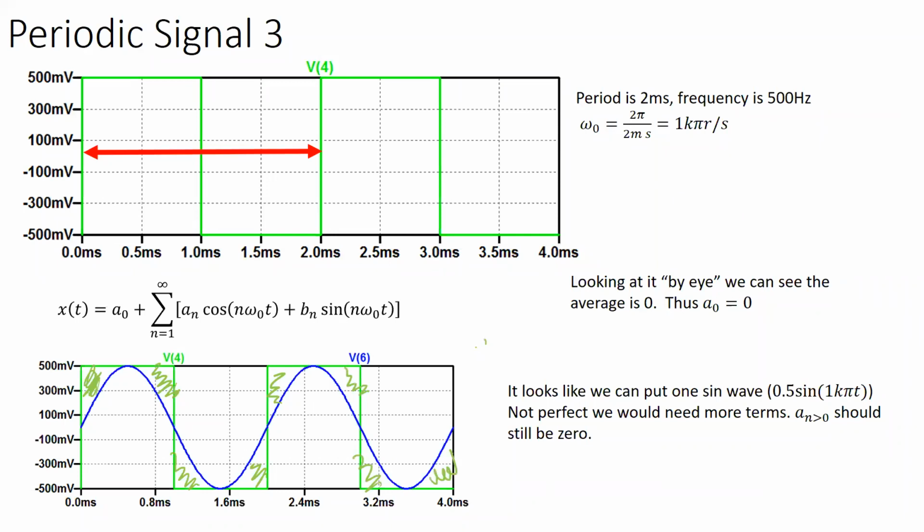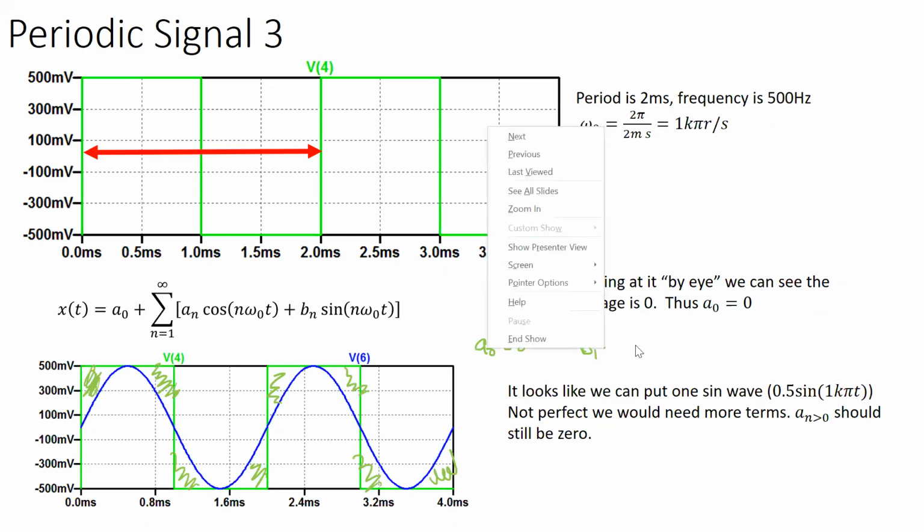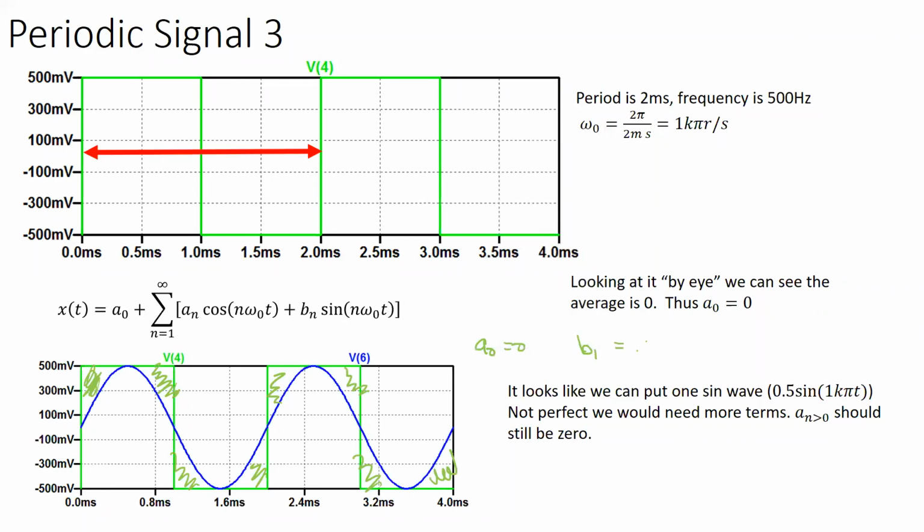But A naught equals 0 and B1 equals 0.5, and so you get 0.5 sine omega naught t. So that's my Fourier series expansion up to n equals 1.